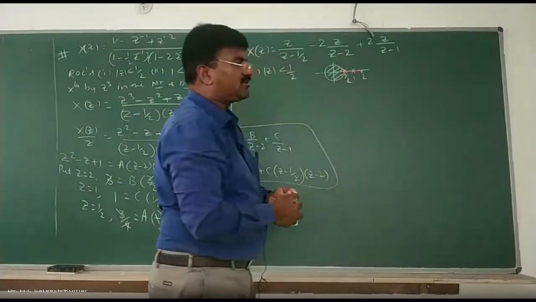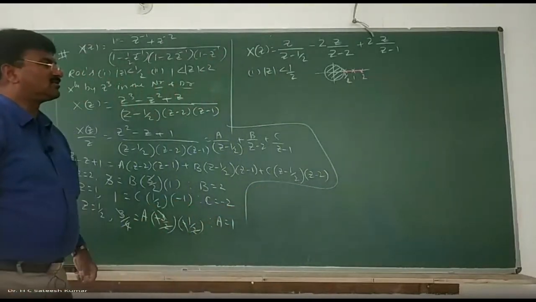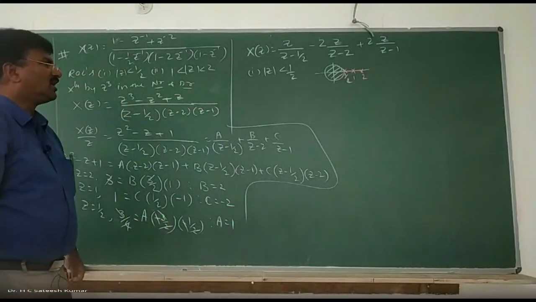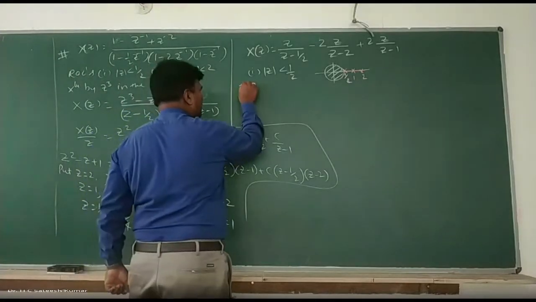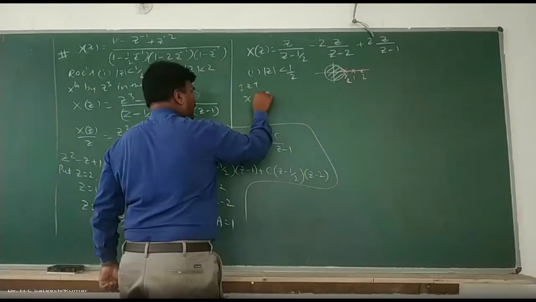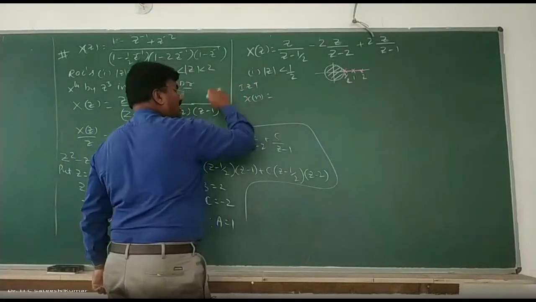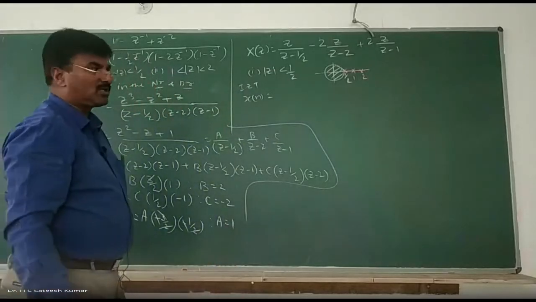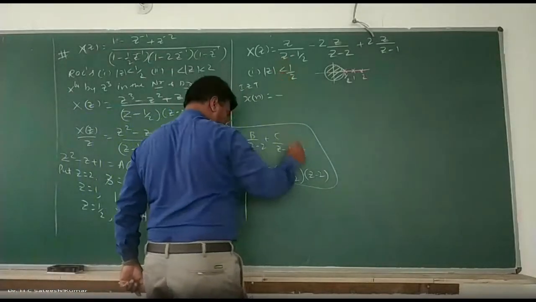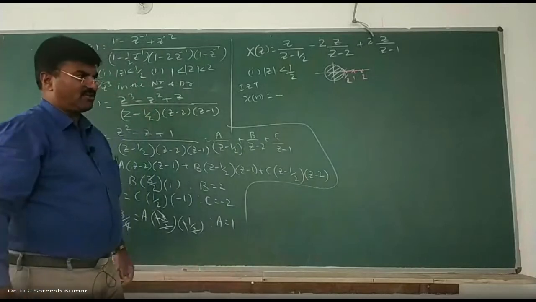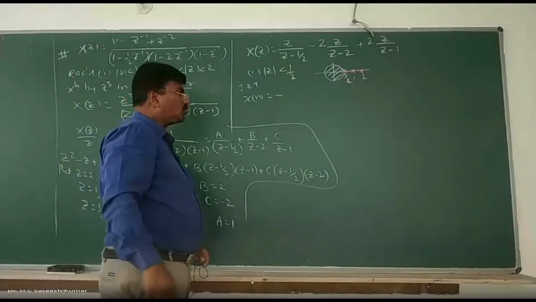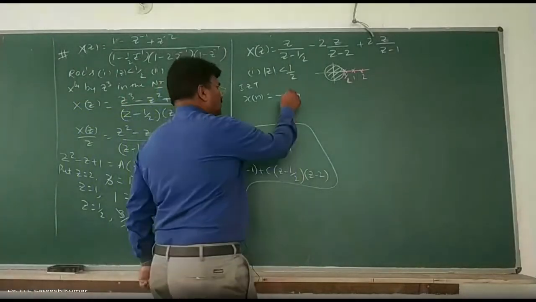If the pole radius is greater than the ROC, it leads to left-handed sequence. Take the inverse transformation x of n from the table. If the pole is left-handed sequence means what? Minus. This is of the form z divided by z minus a. For left-handed sequence, minus a power n into u of minus n minus 1. Therefore, what will you get?